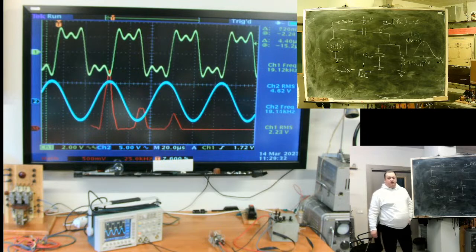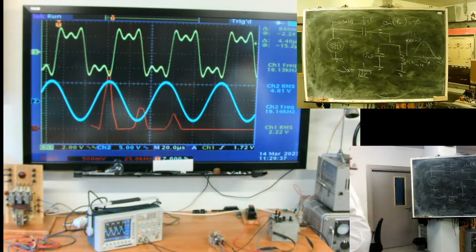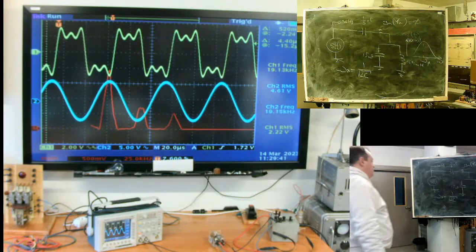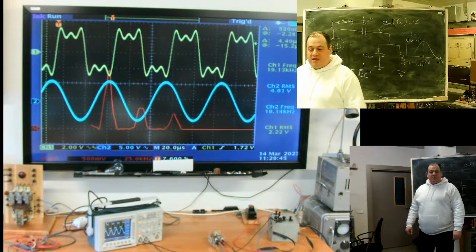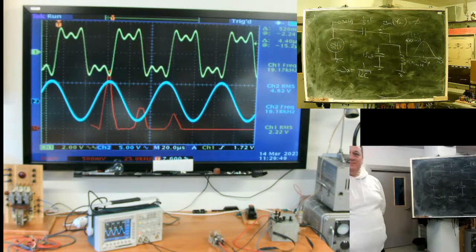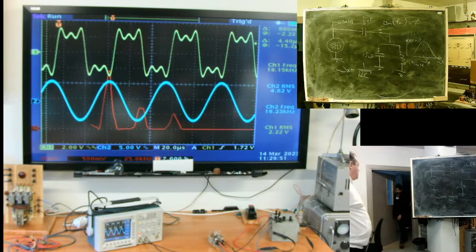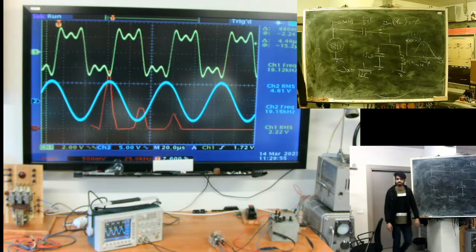What is the resonance frequency for this network? 15 nanofarads, 4.4 millihenry. Something like 19 kilohertz, isn't it? So, what's going on now?